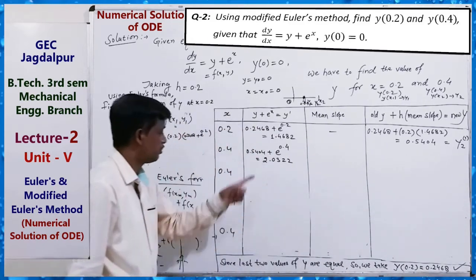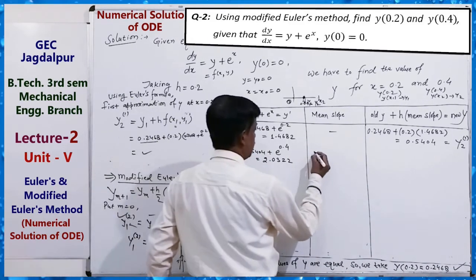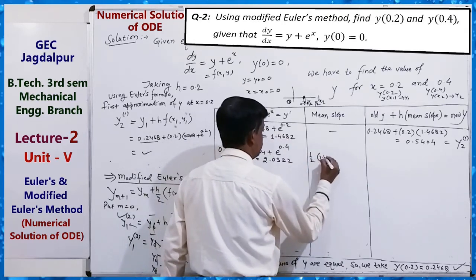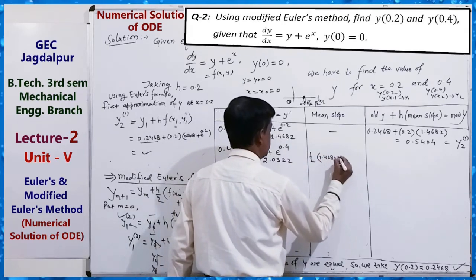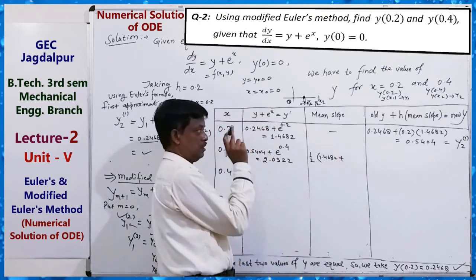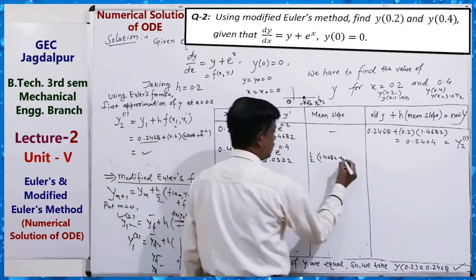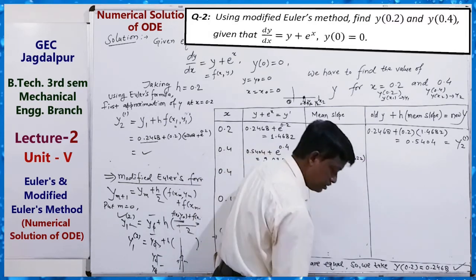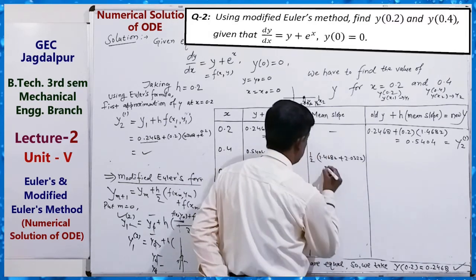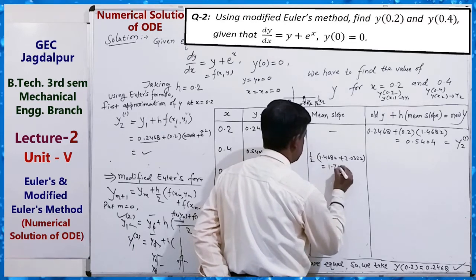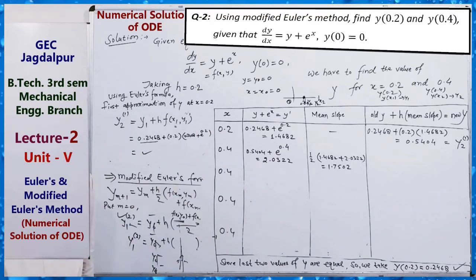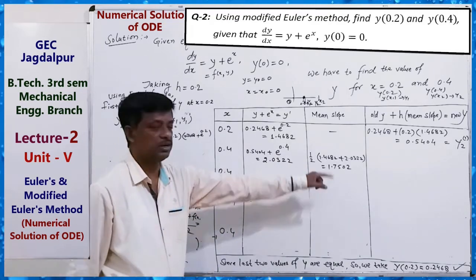And here, for getting slope, just half of this 1.4682 plus this 2.0322, 1.7502. Just calculate it. Add and divide by 2. You can get it like this.